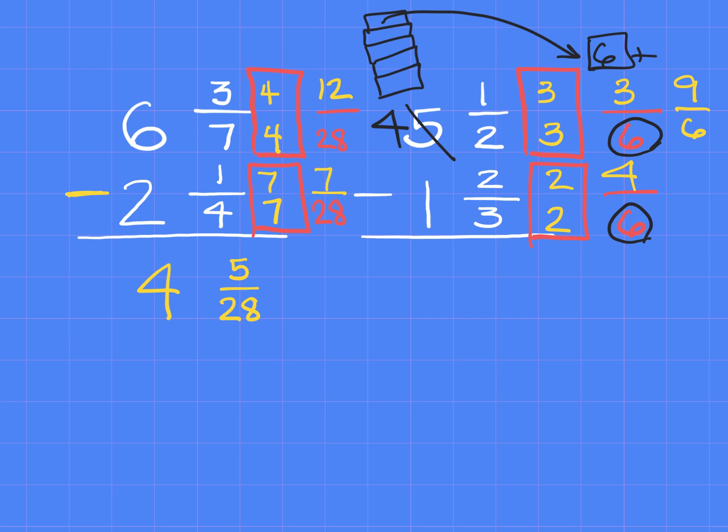Now I can officially take away the 4. 9 slices out of 6, and I'm going to take away those 4, which gives me 5 slices out of 6. And I have 4 wholes now because I took away 1. I borrowed it, minus 1, which gives me 3. And again, you cannot simplify the fractions any further, and you're done.